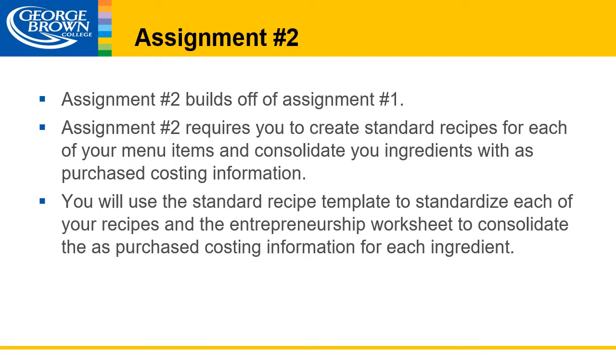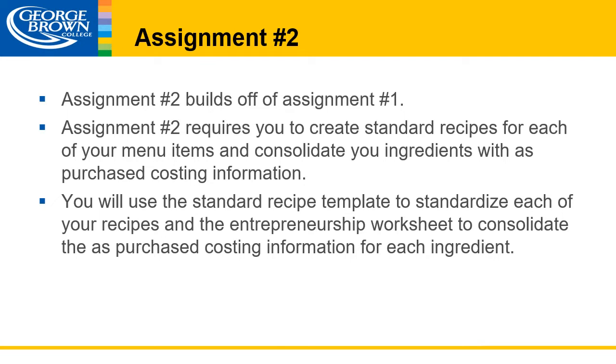With assignment number 2, keeping this as simple as possible for you, you could very easily standardize each recipe for one portion. Doing so is a lot easier and, in a lot of cases, more logical.